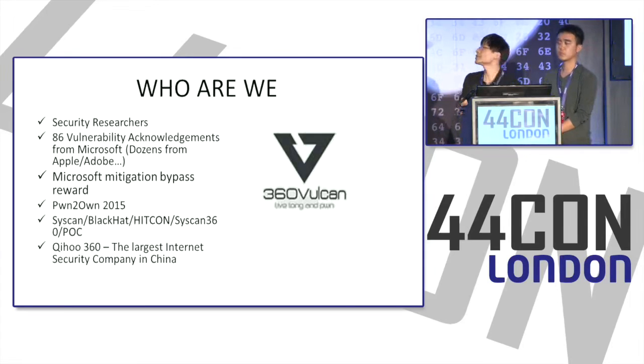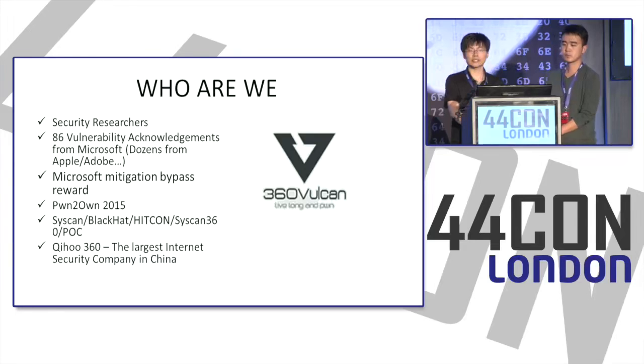Here is a short self-introduction. We are from the 360 Vulkan team. This is a Chinese security research team, and our company name is Qihoo 360, which is the largest internet security company in China. We basically do security research including zero-day hunting and APT research.